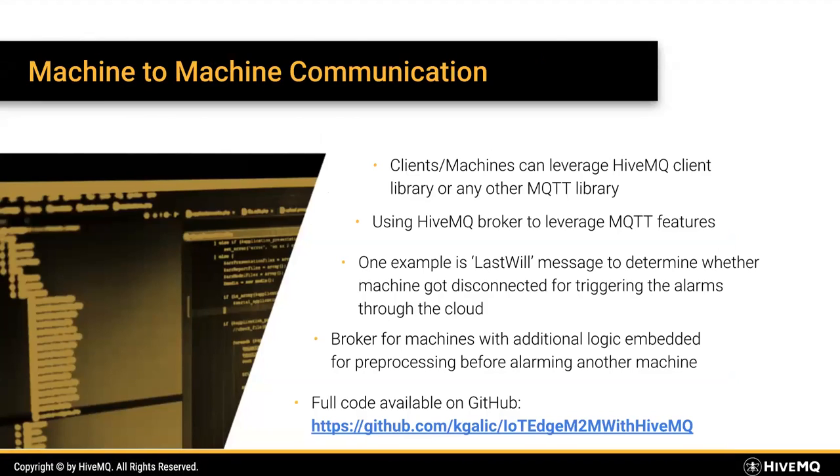As you can see in this example, we leverage IoT Edge to implement the machine-to-machine communication, but also to have a custom module that consumes messages from the dedicated topic from the HiveMQ broker.